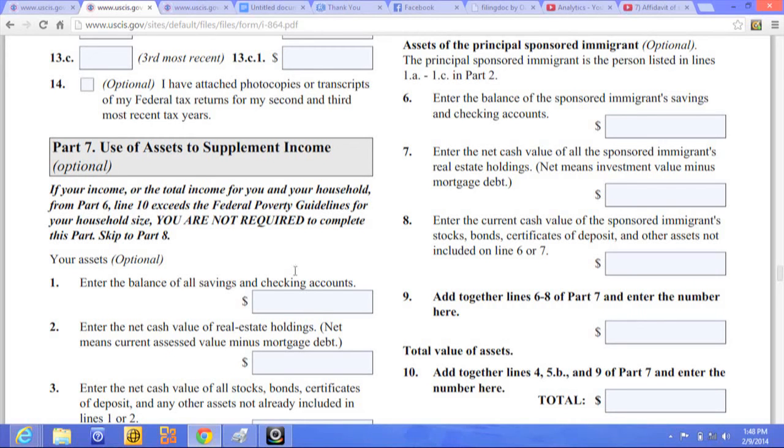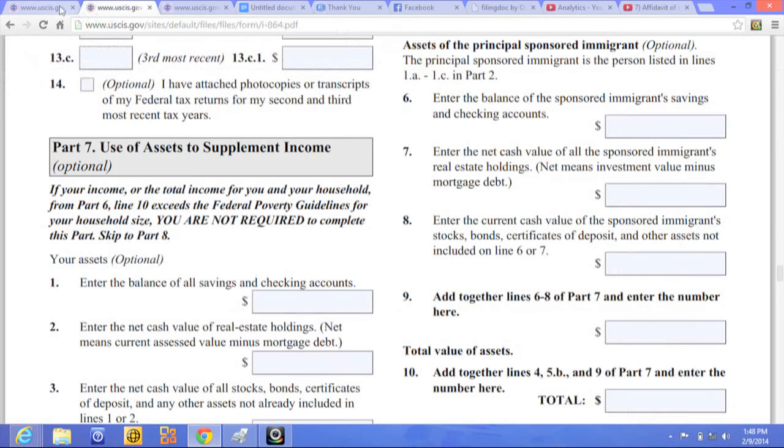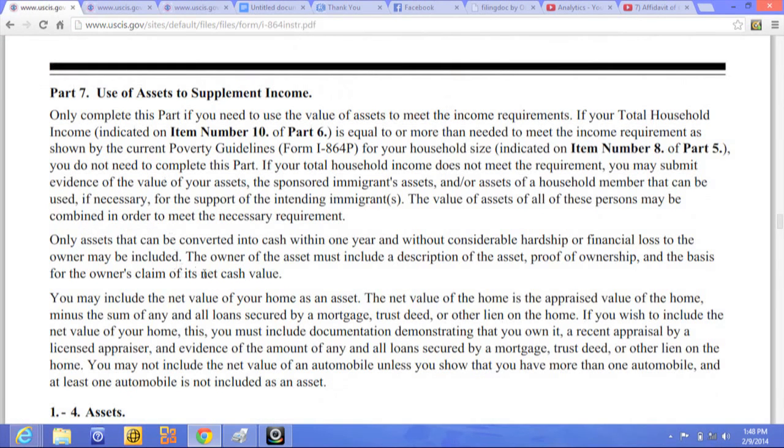You just can't say that my house is 100,000 and that's it. No, you're going to have to give proof. It's not easy. So if you have a house, you have to get proof of the value of this house.